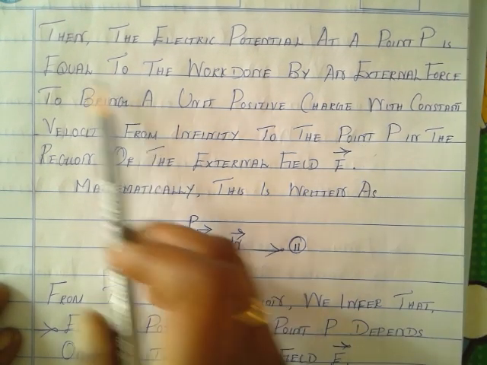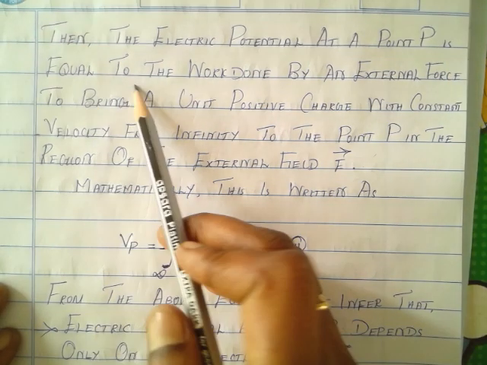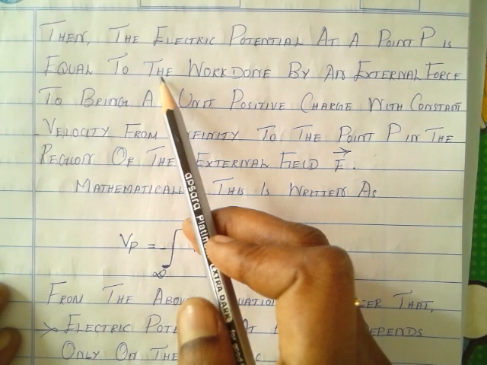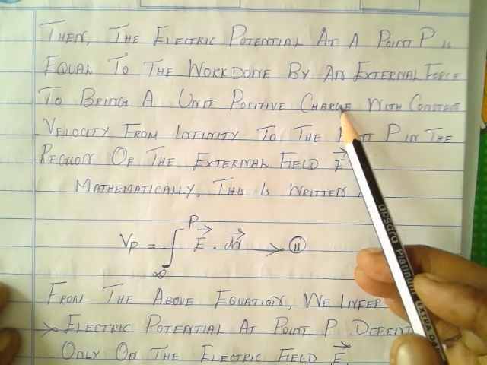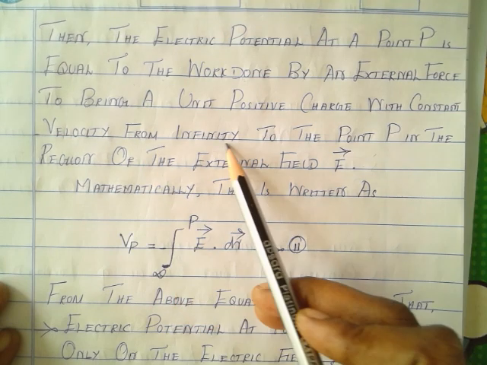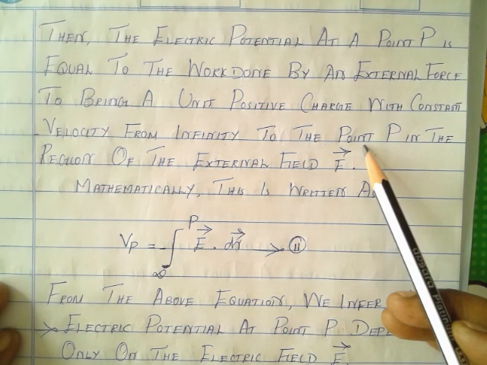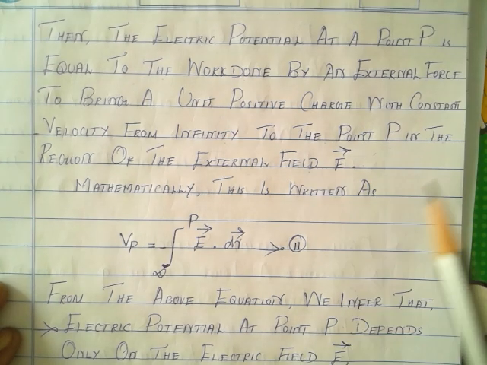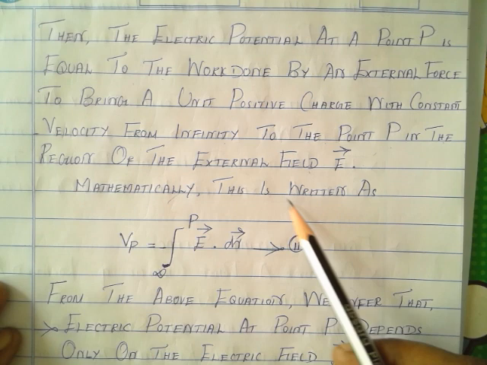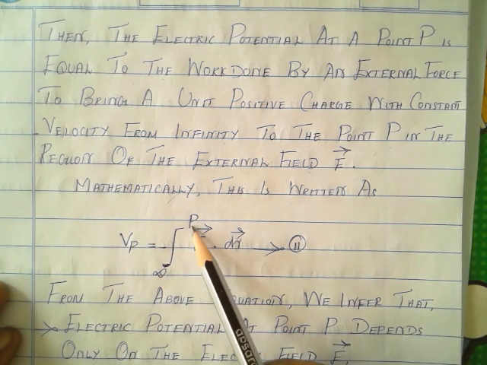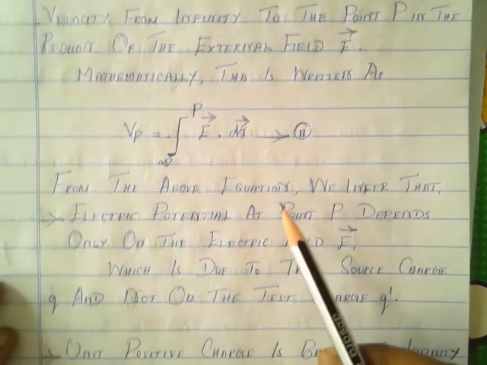Then the electric potential at a point P is, underline this, the work done by an external force to bring a unit positive charge with a constant velocity from infinity to that point P in the region of the external field E vector. Mathematically, this is written as Vp is equal to minus integral infinity to P E vector dot dr vector. This is equation number 11.